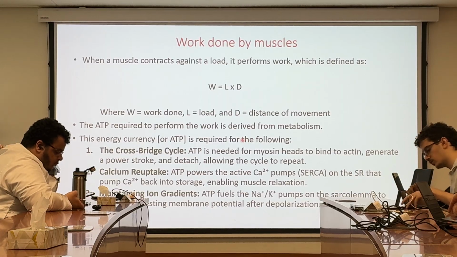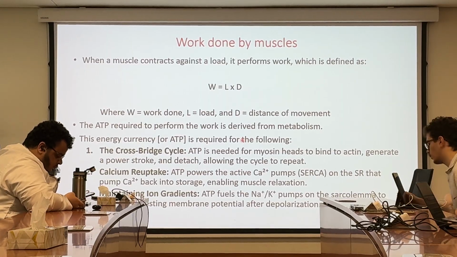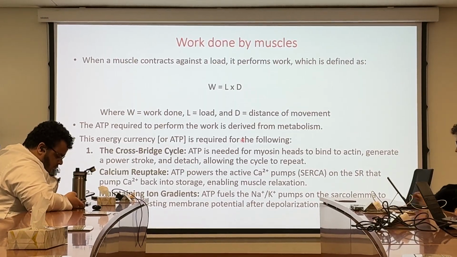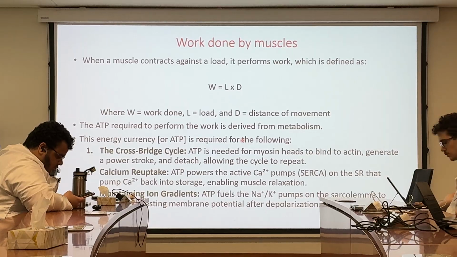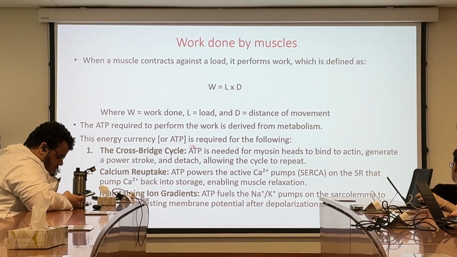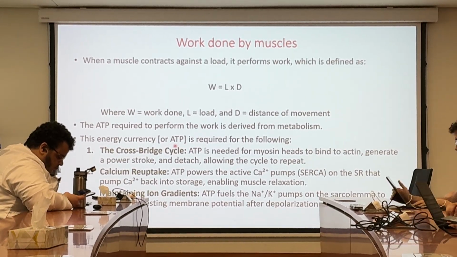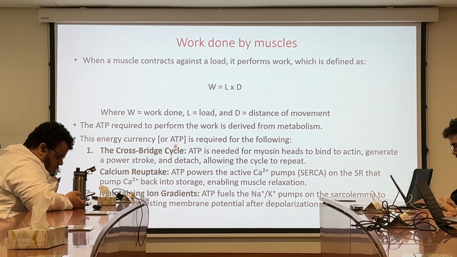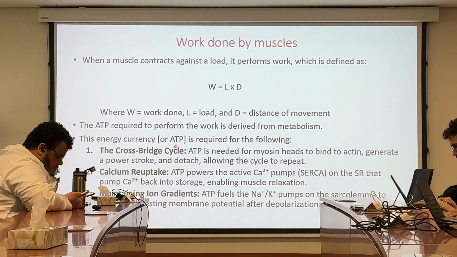That chemical form of the energy is converted into a physical form of work, which in this case is moving the load. Again, what is that ATP actually used for in the muscle? It's used for these three things.